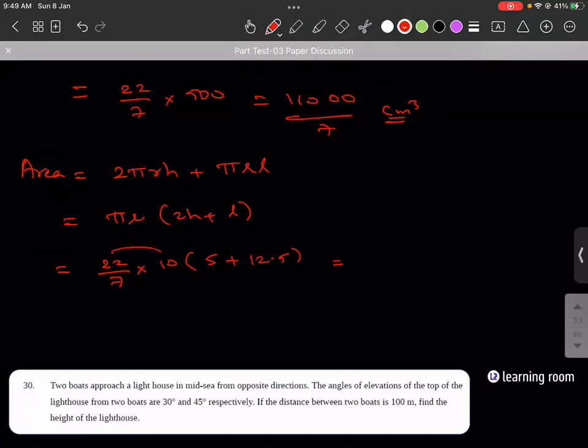So 22 into 10 is 220, or I can do it like this: 22 into 17.5 into 10, 175 divided by 7. So this will cancel how many times? 25 times. So 25 into 22 is how much? Or 50 into 11, you will get 550. You will get 550 meters square.